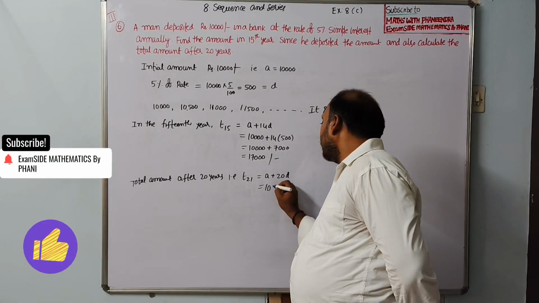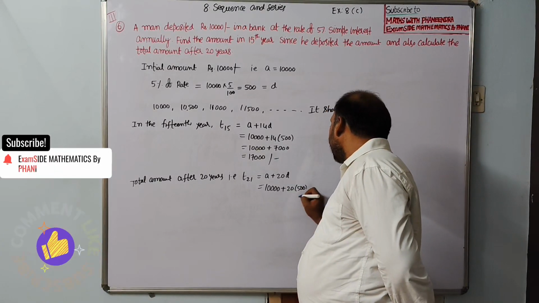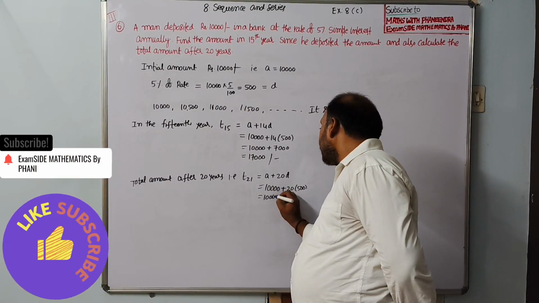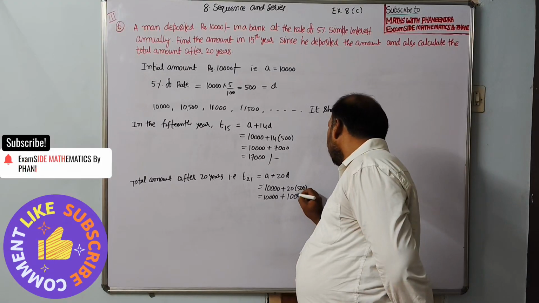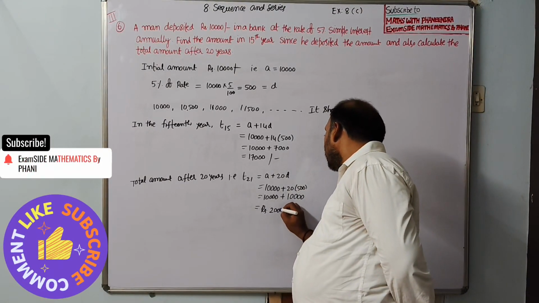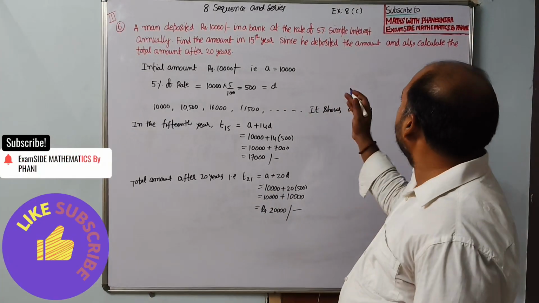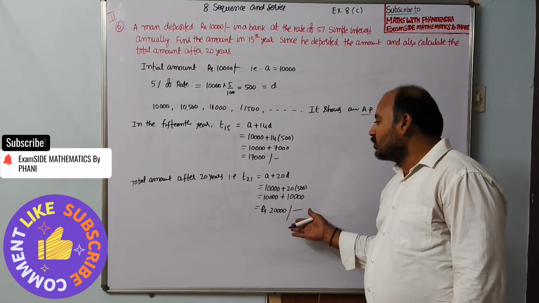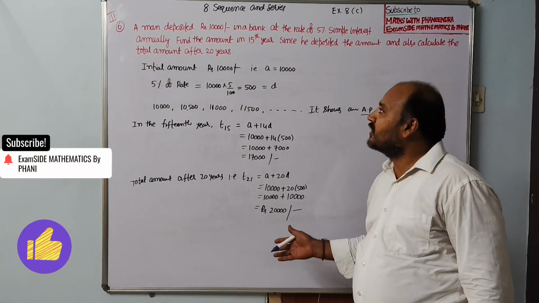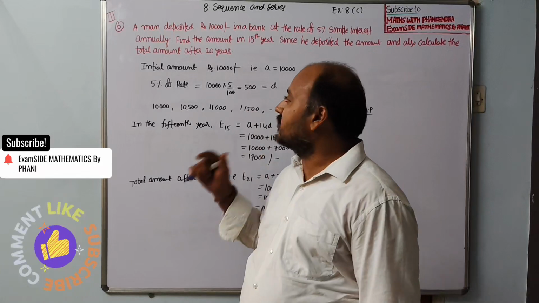A means 10,000, plus 20 into D, the common difference 500. So 10,000 plus 10,000, which is equal to 20,000, dear students. So after 20 years, the total amount he paid is 20,000 rupees. I hope you understand.